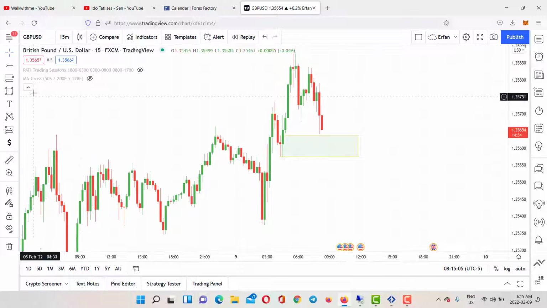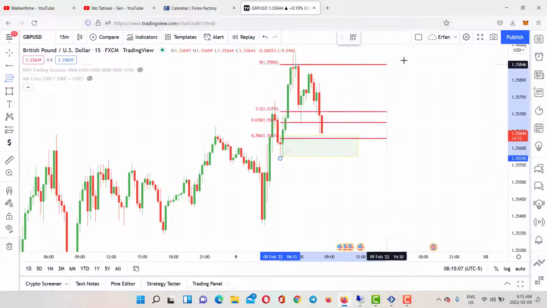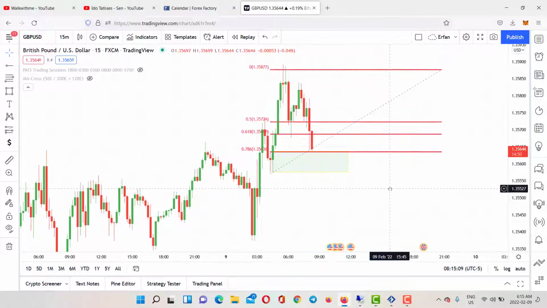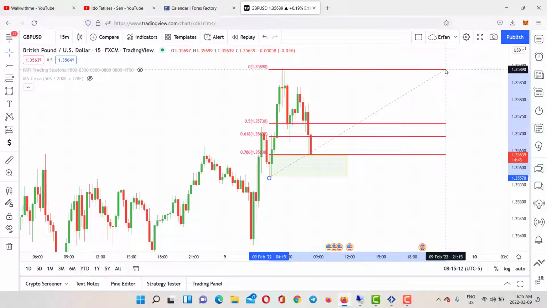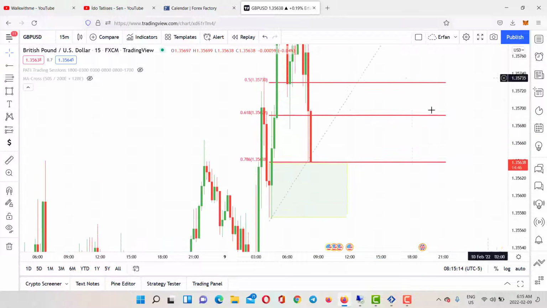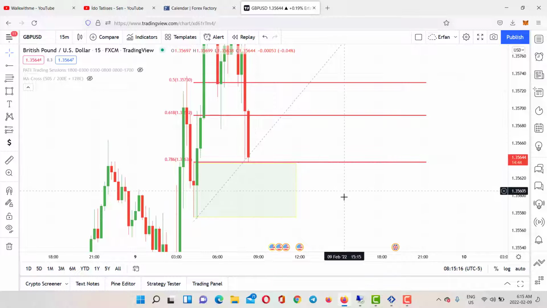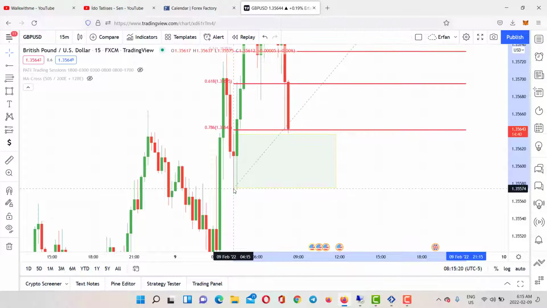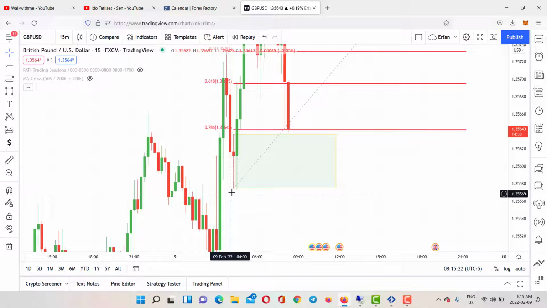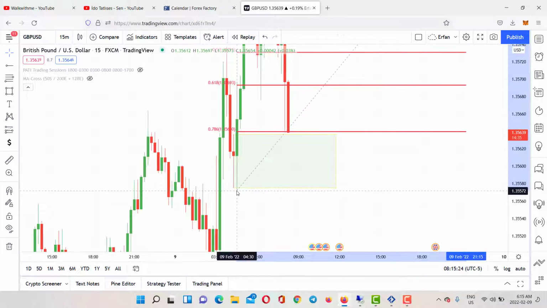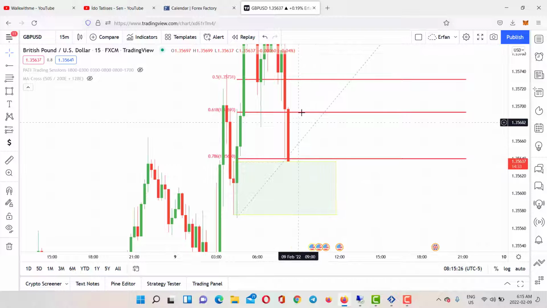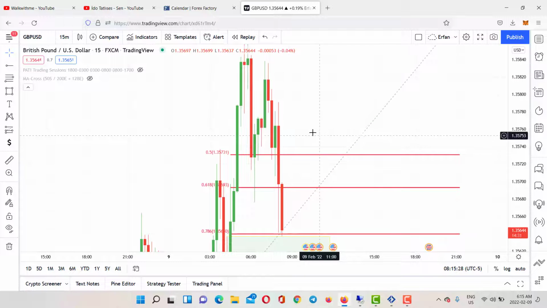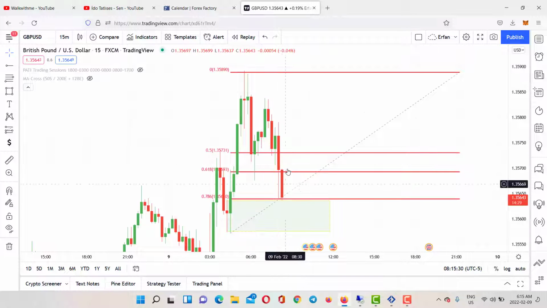If I use my Fibonacci level from here to here, you'll see that 70% is trying to get respected, which is on top of this order block. Well, not exactly, because if I use it right here, the Fibonacci never got respected, and we have a head and shoulders here.